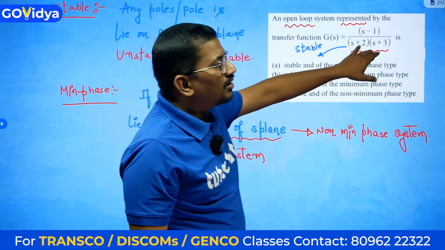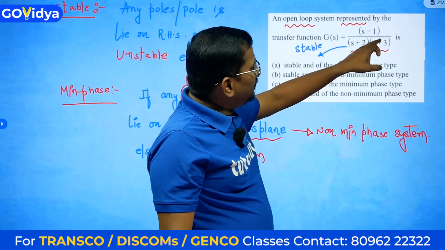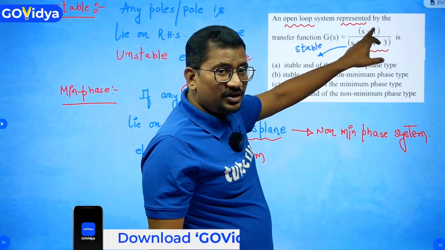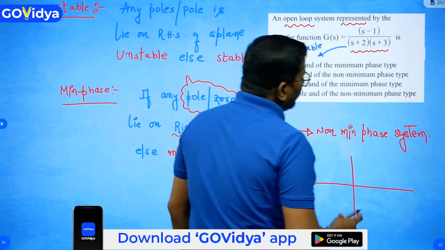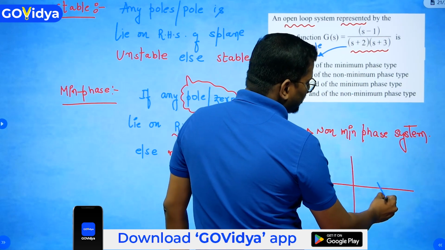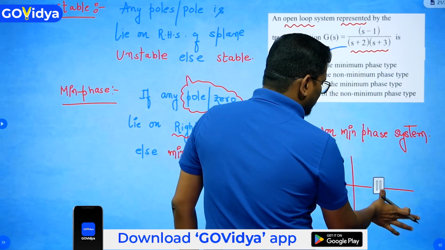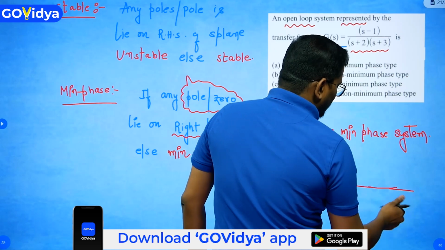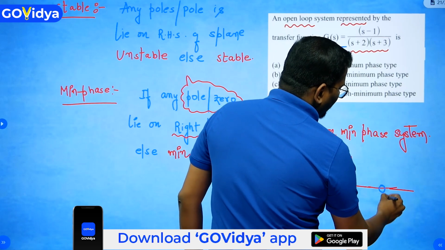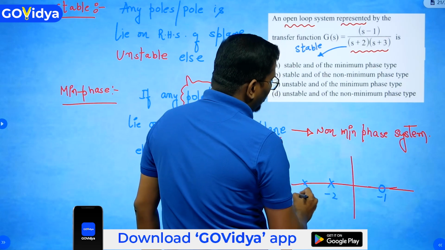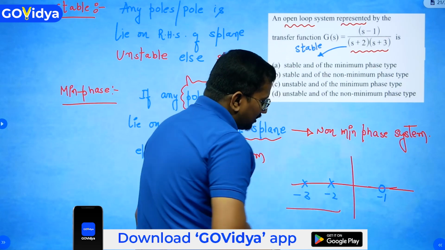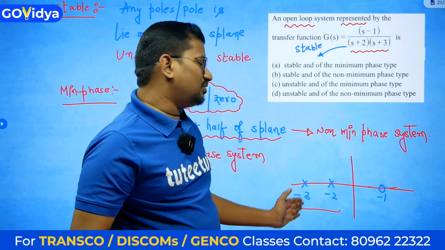You see poles are on the left side, no problem. But if you see the zero, S minus 1 means it is lying on the right. If you want me to plot that, let me erase this. Yeah, this is zero at 1, pole at minus 2, another pole at minus 3. So for this, you can say the system is stable.